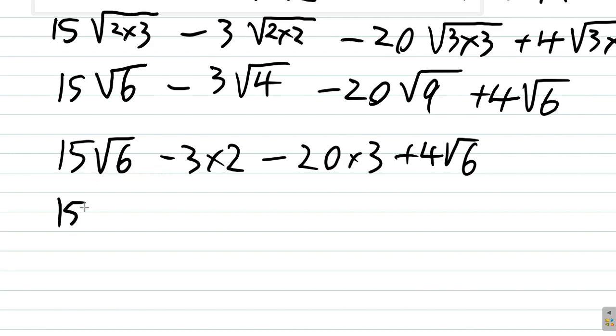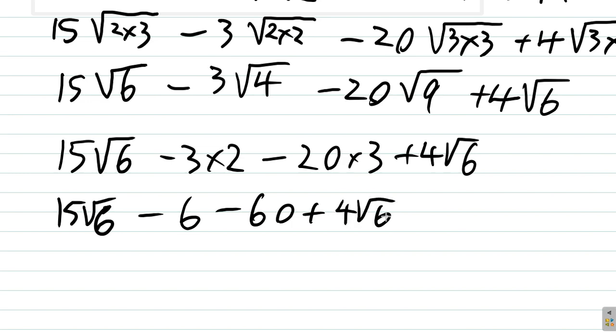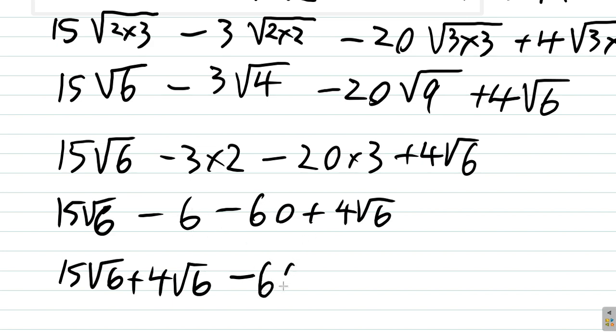Now you have 15 square root of 6 minus 3 2's are 6, minus 20 3's are 60, plus 4 square root of 6. Now let's put the 15 square root of 6 and the 4 square root of 6 together, since they both have square root of 6. You know that negative 6 minus 60 is going to be negative 66.